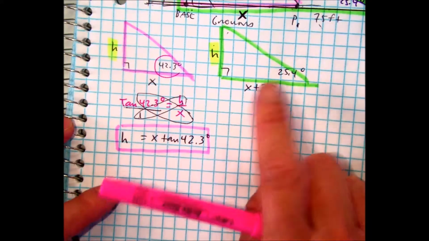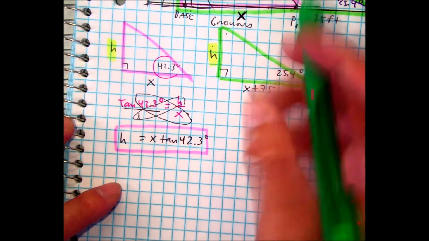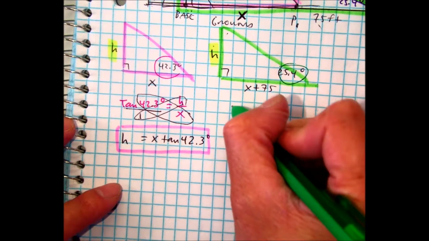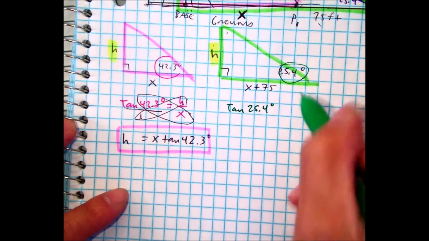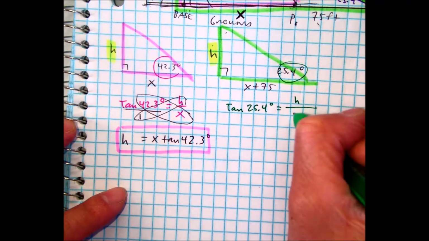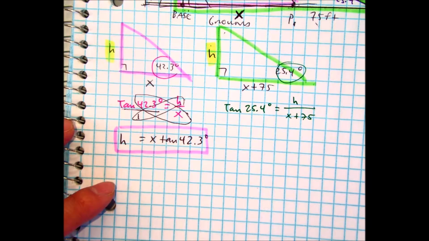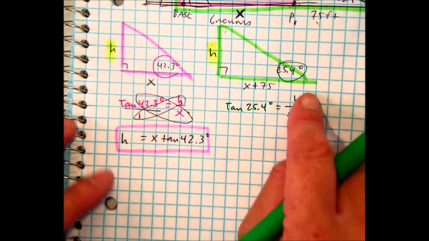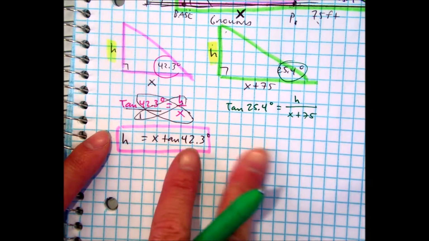The next thing I'm going to do is on this triangle, I'm also going to solve for h. So I'm starting at my angle, tangent 25.4 degrees equals the opposite over the adjacent, h over x plus 75. If I solve for h, and this is also equal to h, I can set them equal to each other.